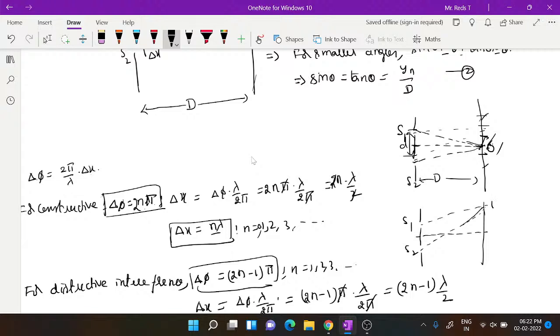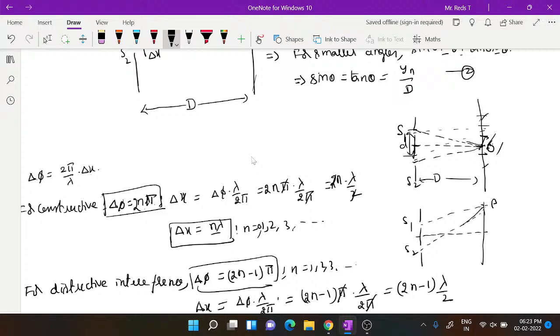So if you consider this point P, the path length of the wave traveled is a little more than this. That means if one wave fits in this, more than one wave should fit in this larger distance. How much more depends on that, and we will observe either bright or dark fringes here.